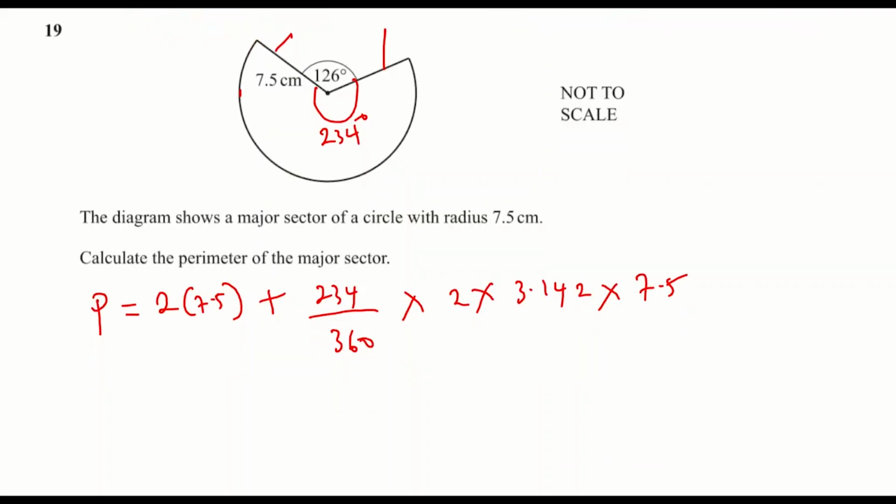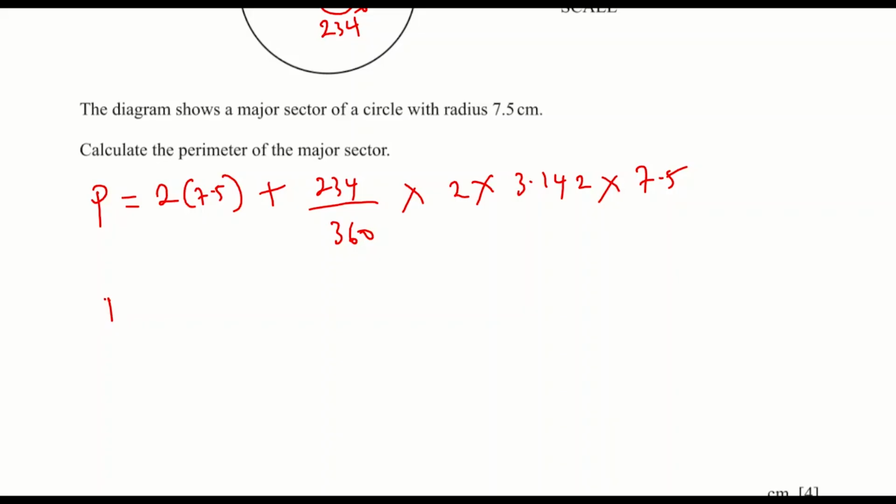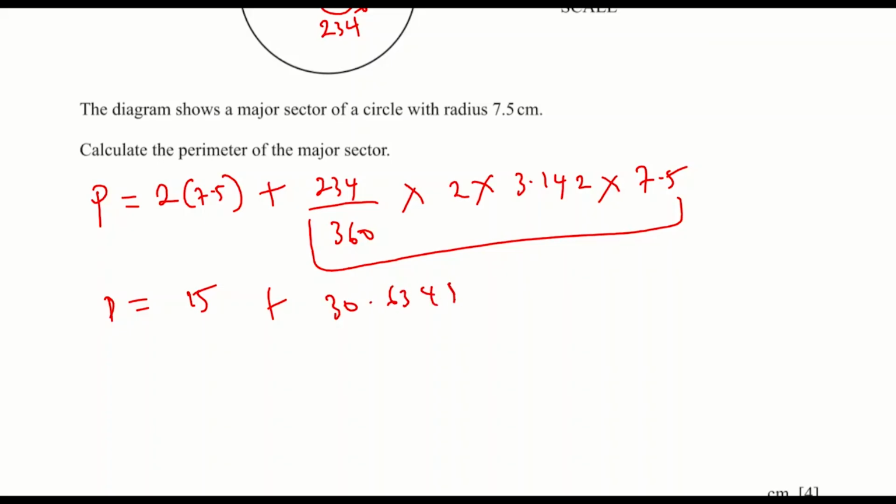We have to simplify this. So P will be equal to 15 plus, the whole of this, if you input this into a calculator, you should get 30.6345, and if you add the two together, you should get 45.6 centimeters, correct to 3 significant figures.